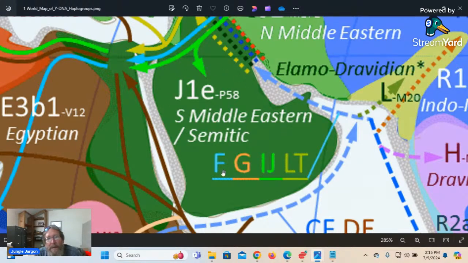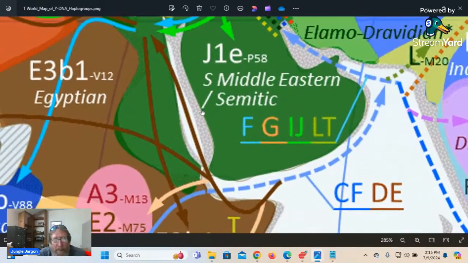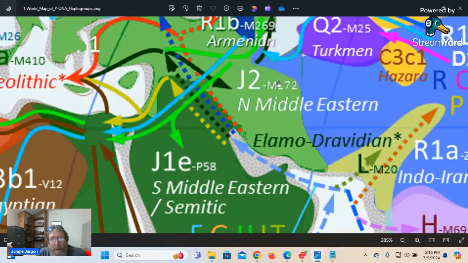So in testing the Kohanim, or the priests of Israel, everyone claiming to be priest of Israel, there were, of course, various haplogroup designations. There was the E, there was the J2, and some of the others.